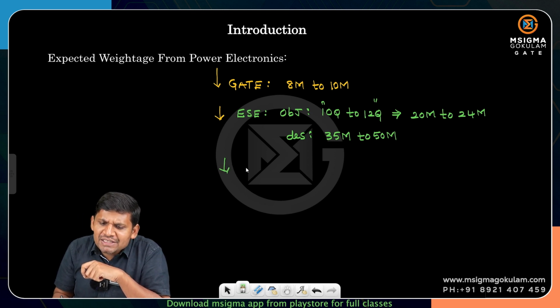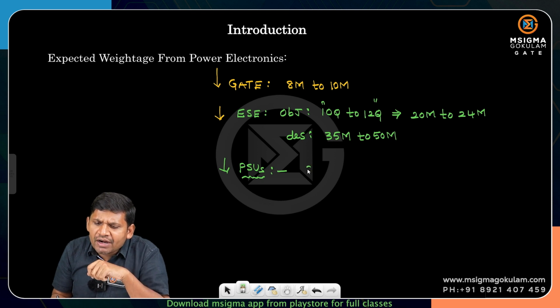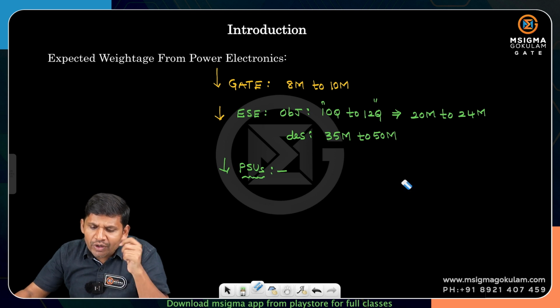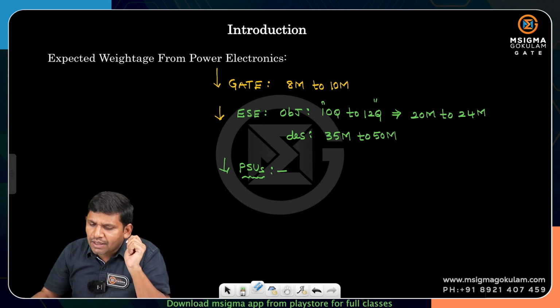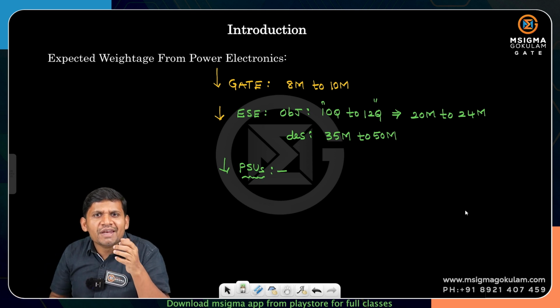For any other PSUs, students, either central government jobs or state government jobs, the expected weightage is out of 100 marks. Take central government jobs like the ISRO exam, DRDO exam, BARC exam, or any state government electricity jobs.